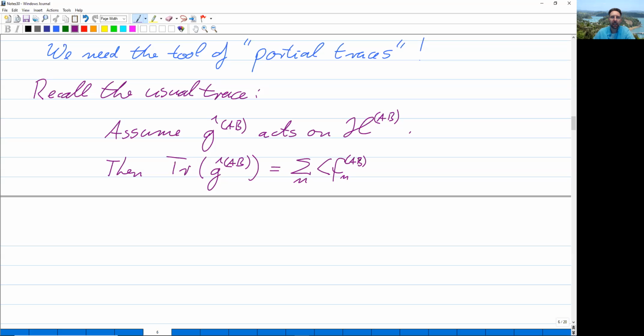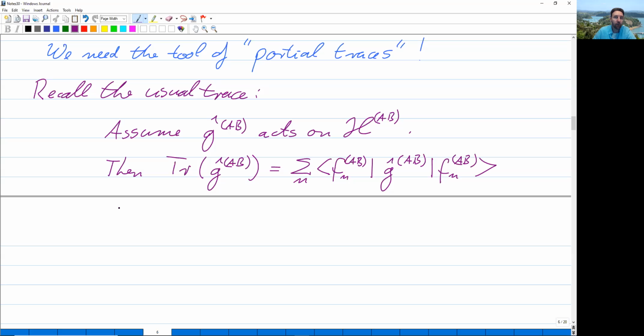Remember, F hat AB was some observable of the big system. And we calculate the trace by summing over the diagonal elements in the basis of the Fn. Here we are summing over all the diagonal elements. This is the trace as usual.